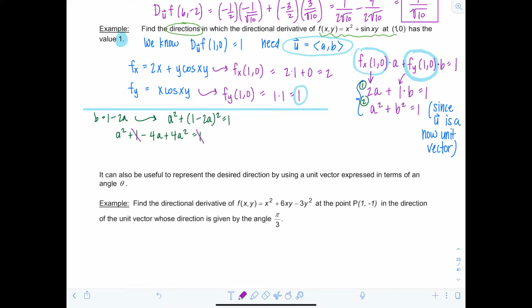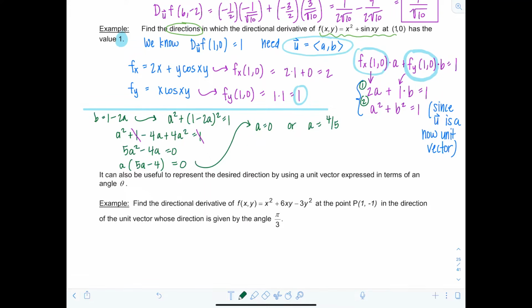So the 1's cancel out. Then I have 5a squared minus 4a is equal to 0. Factor out the a, and I have a times (5a minus 4) is 0. So what does this mean? Well, a is either equal to 0 or a is equal to 4/5.